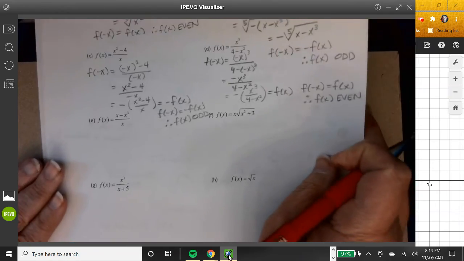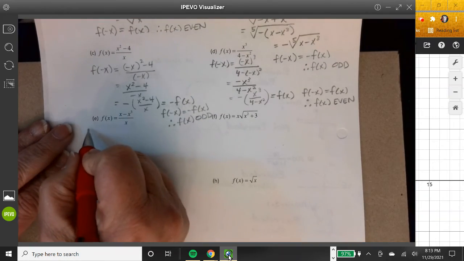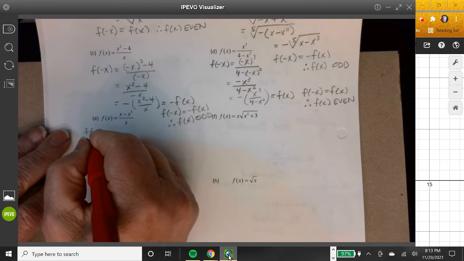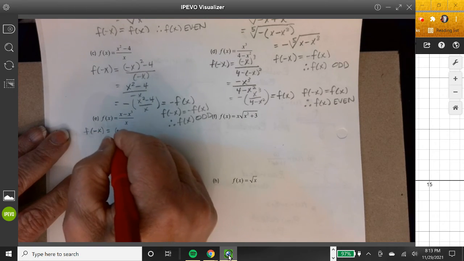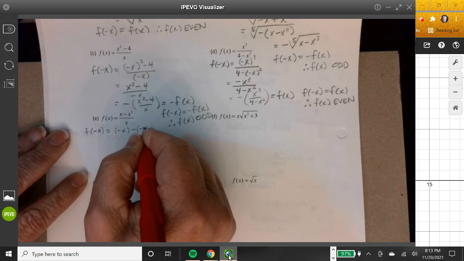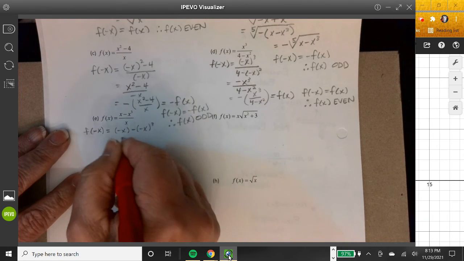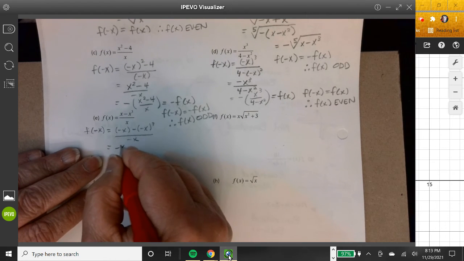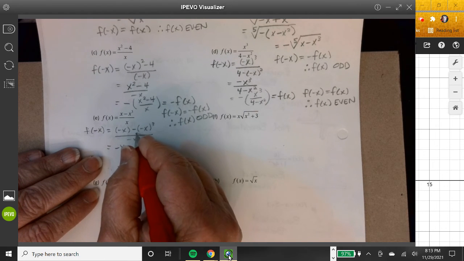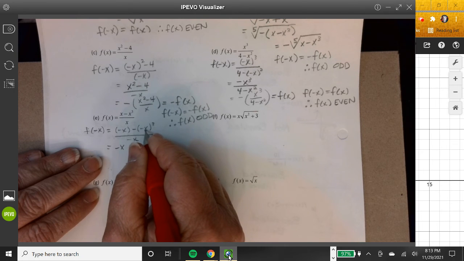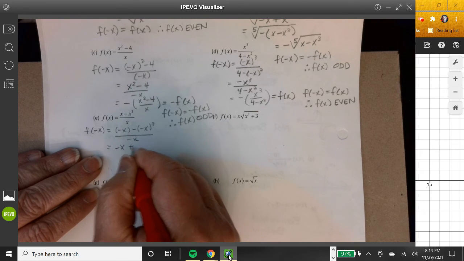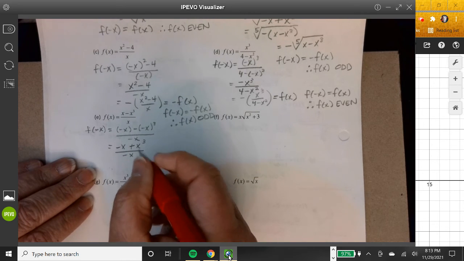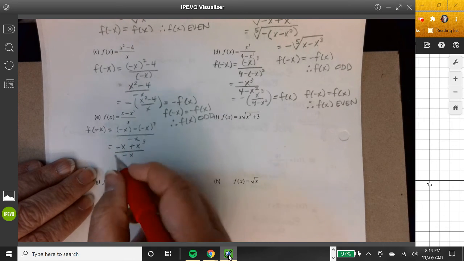All right. This next one, I'm going to plug in negative x. f of negative x equals negative x minus negative x quantity cubed over negative x. So let's see what happens. A negative x on top. Remember, negative of negative x cubed is going to be positive x cubed over negative x. And this is not what the original looks like, so I'm going to do a little bit more work.